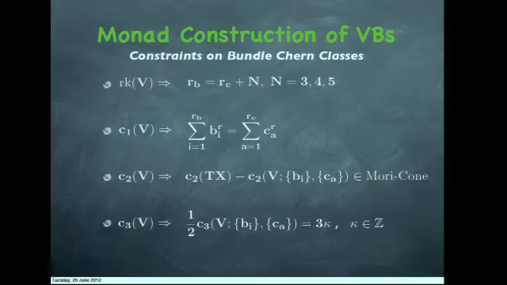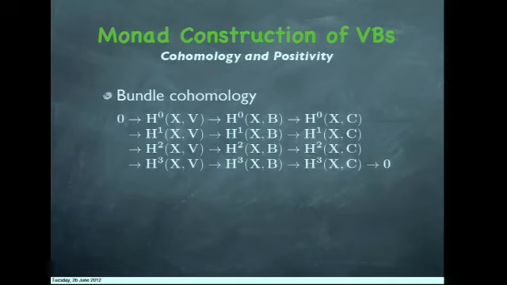So we'd like to explore the bundle topology, of course, and first come the Chern classes. All these can be easily read off from the short exactness of the defining sequence. And upon imposing the physics constraints I've just described, we arrive at these algebraic equations in the b's and c's of degree 0, 1, 2, and 3. Finally, for the bundle cohomology, the short exact sequence leads to this long exact sequence at the level of cohomology.